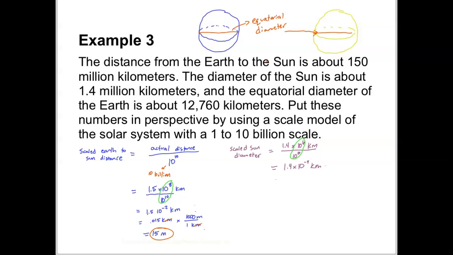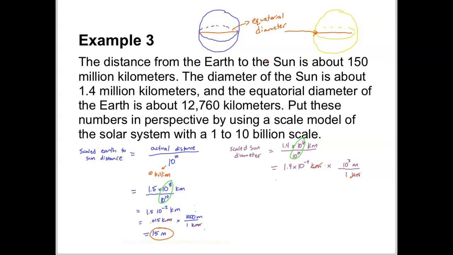Let's go ahead and convert that to meters. Once again, there are 1,000 meters in a kilometer. 1,000 meters is the same as 10 to the third, so there's 10 to the third meters per 1 kilometer. My kilometers cancel.